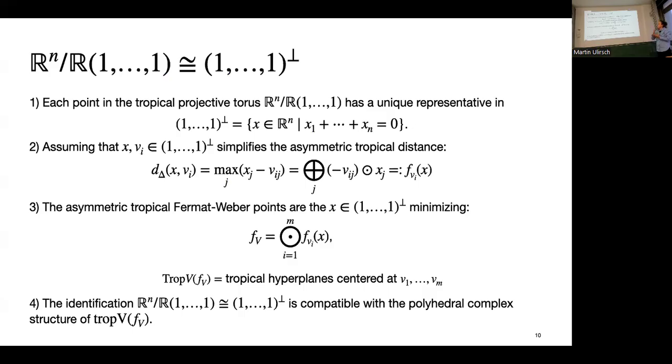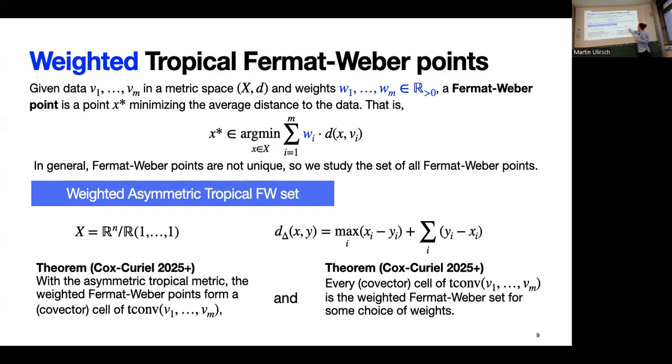So every point in the tropical projective torus has a representative in this hyperplane. And when you use those representatives to write the asymmetric distance, what you get is just a max of a bunch of things. Because remember, there was a sum of the coordinates here, but when you assume that the sum of your coordinates is 0, this part just goes away.